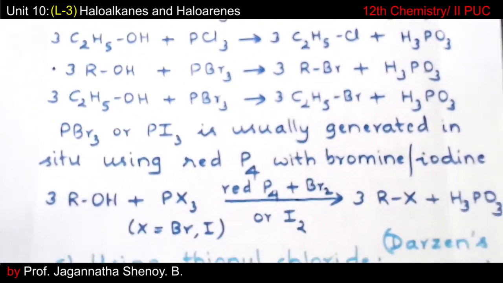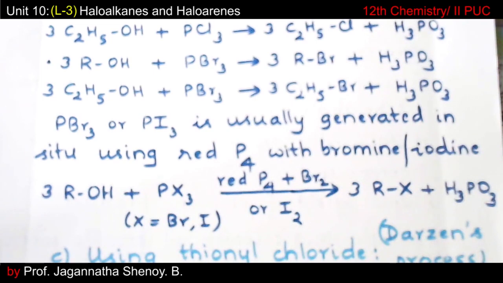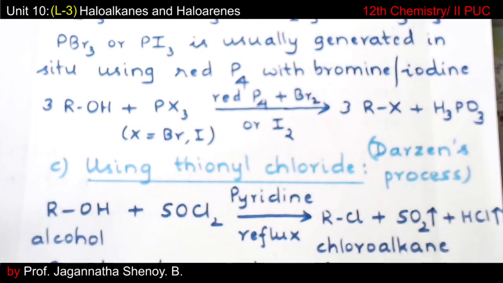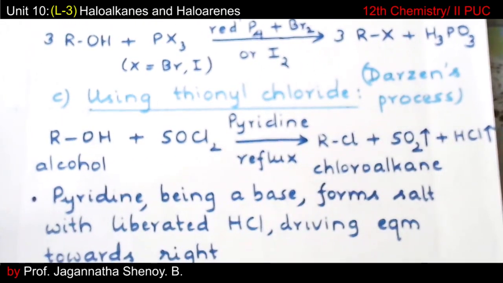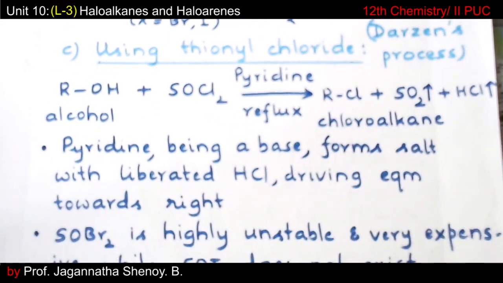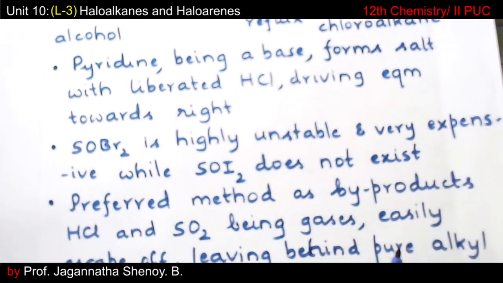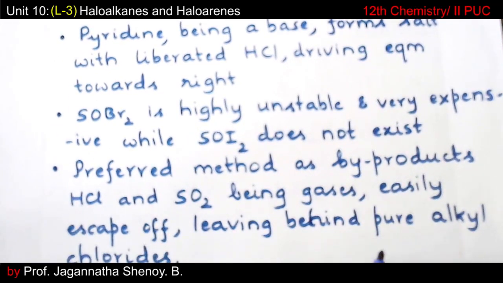That's why in between phosphorus pentachloride and thionyl chloride, I always prefer thionyl chloride to convert an alcohol into alkyl chloride. So that's what I have mentioned over here. Preferred method because byproducts HCl and SO2 being gases easily escape off, leaving behind pure alkyl chlorides.